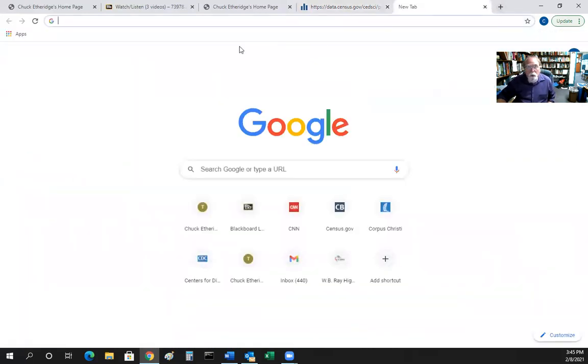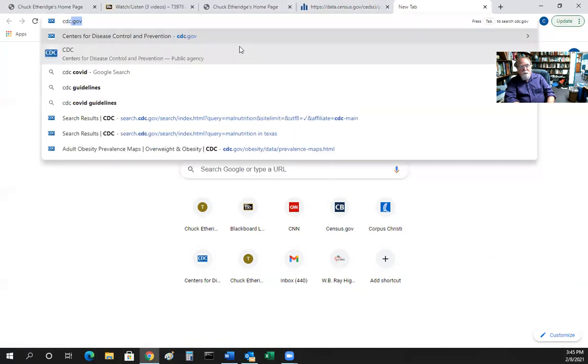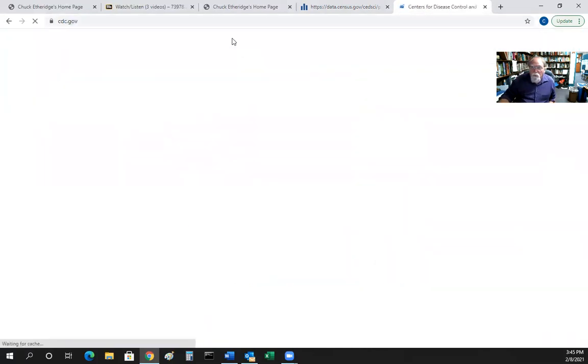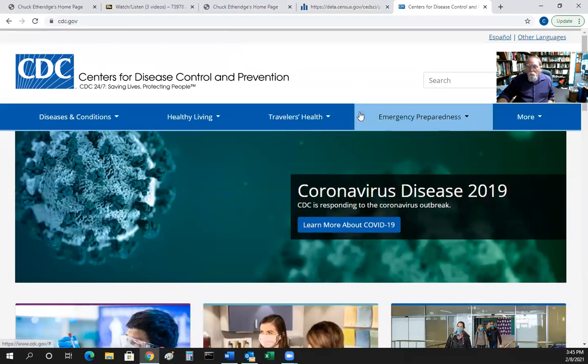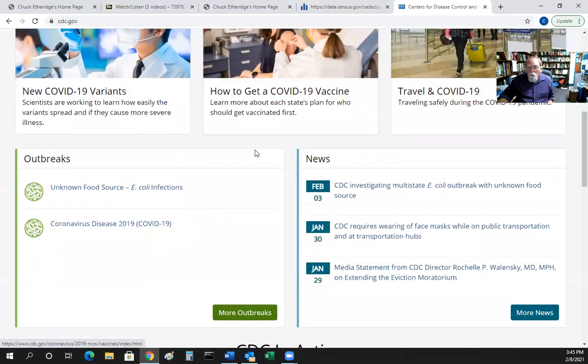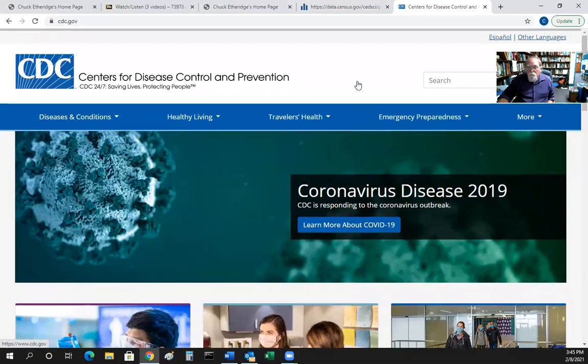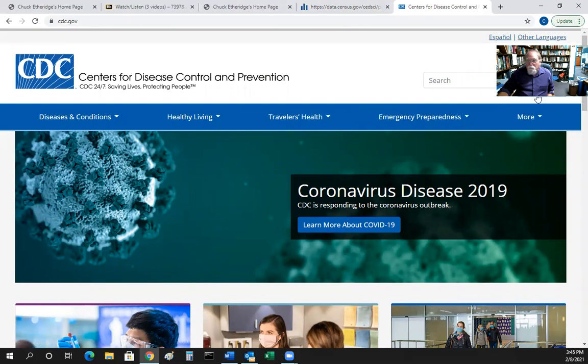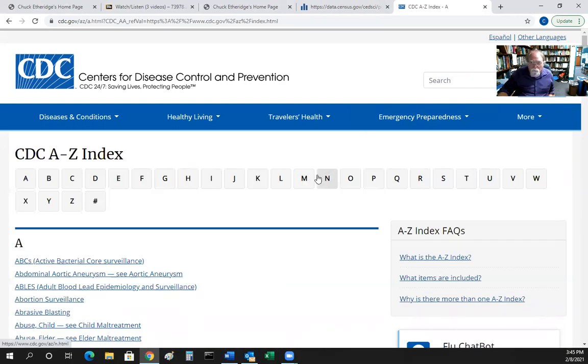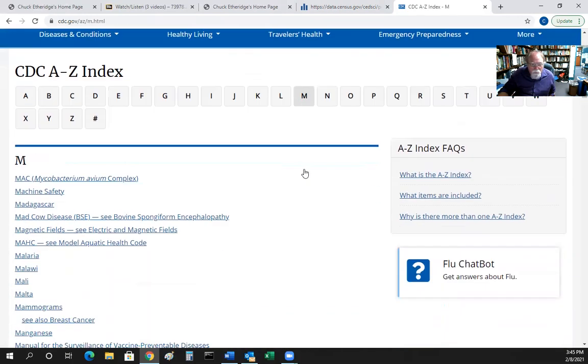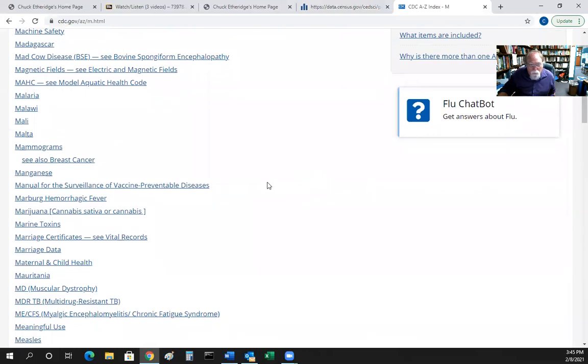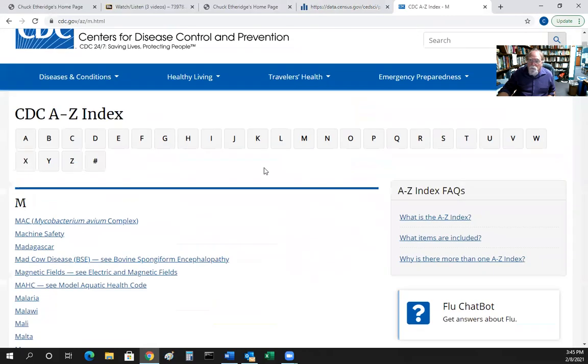Let's try the Center for Disease Control, cdc.gov. Okay, now let's look at, try to get my face out of the way here, just because I wanted to see the A to Z index. So I looked under the M's, and there is no category for malnutrition, but there is for Mauritania.